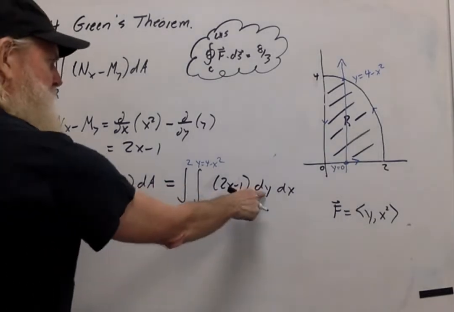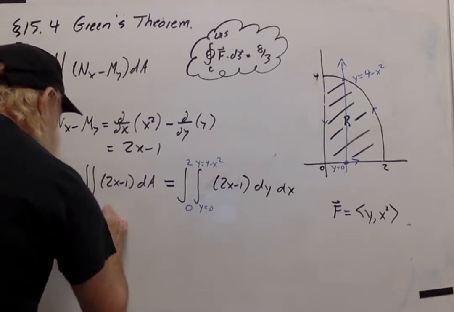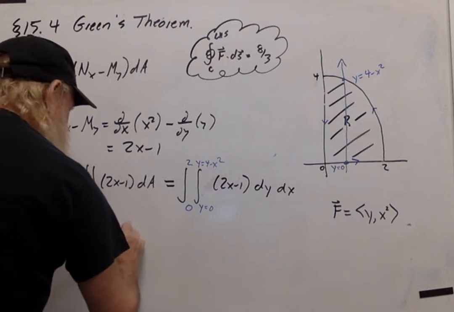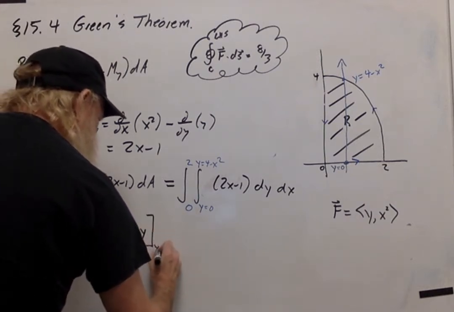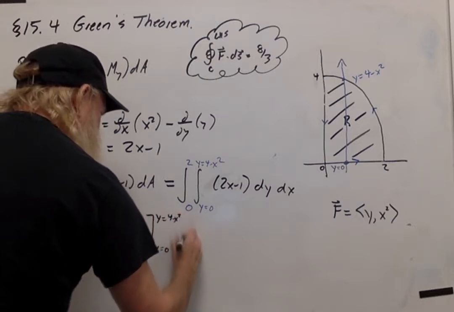So let's start by integrating with respect to y. The 2x minus 1 is treated as a constant, so I have (2x minus 1) times y, taken from y equals 0 to y equals 4 minus x squared.